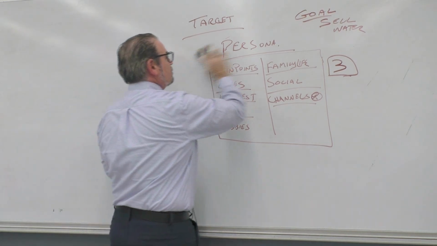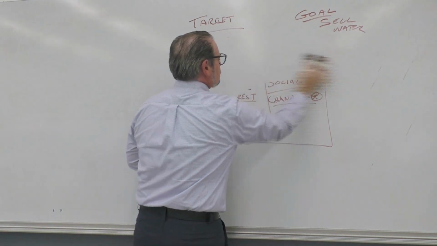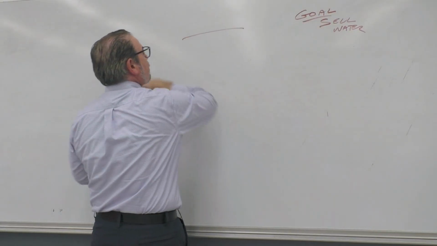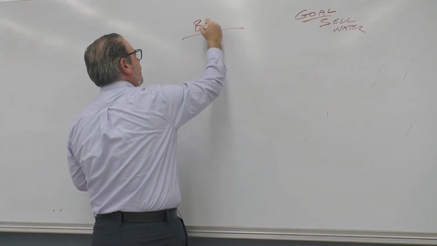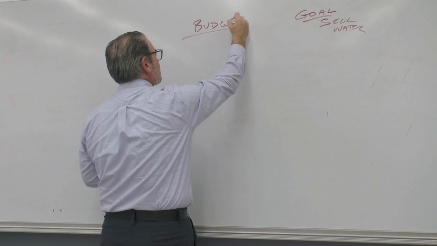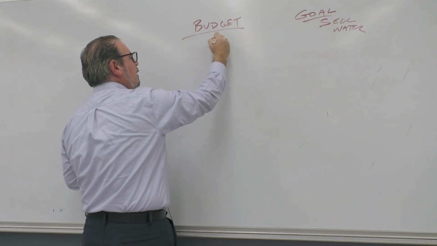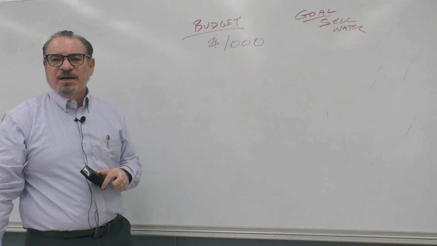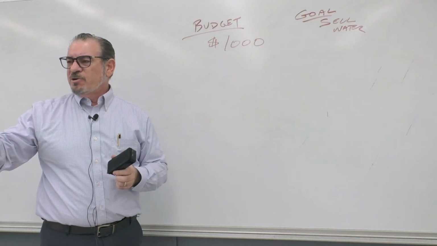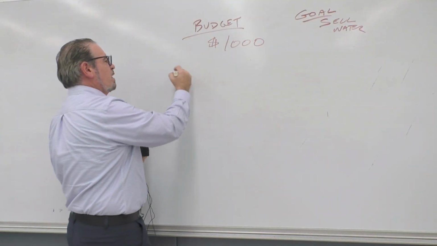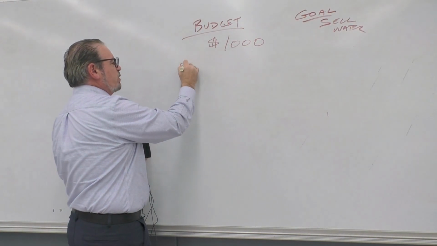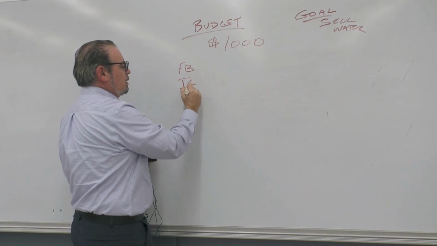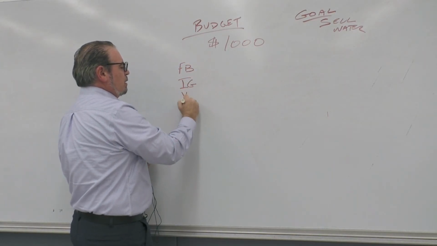Now, let's talk about the budgeting for a second. I have $1,000. We know, based on our demographics, that our audience is on Facebook, Instagram, and YouTube.